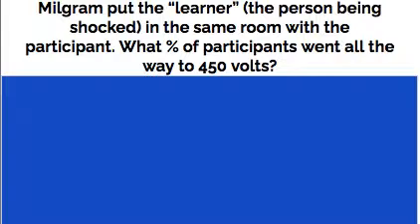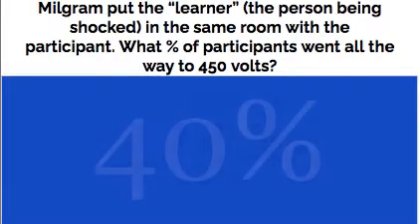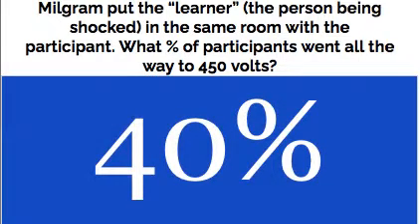It'll be so much more powerful for them. But actually obedience stays pretty high. It stays at 40%. It makes a lot bigger difference how much authority the experimenter, the person who's giving the commands, seems to have than how close these people are physically to the person they're shocking.